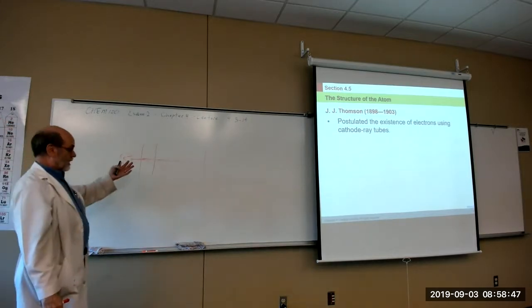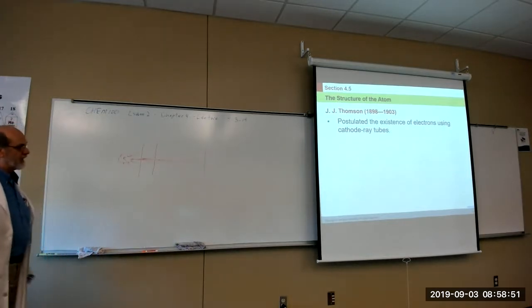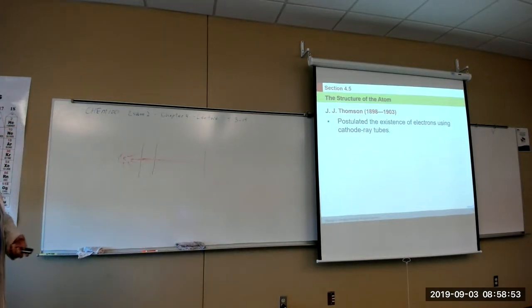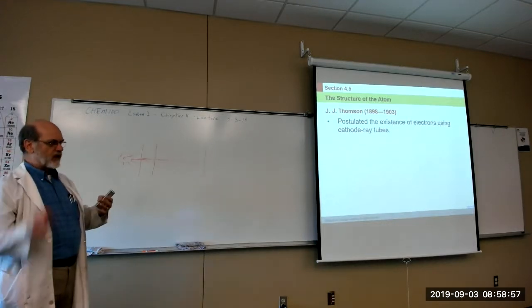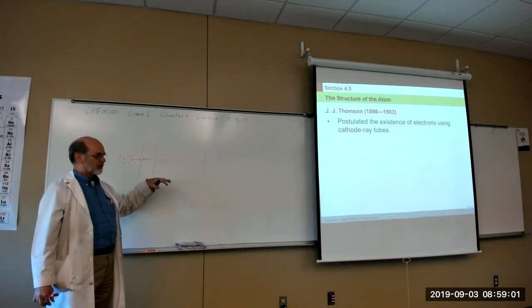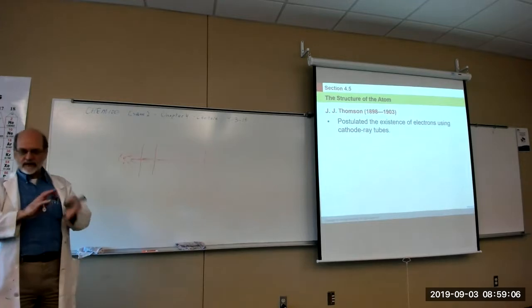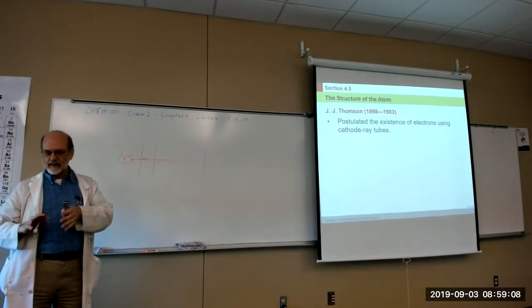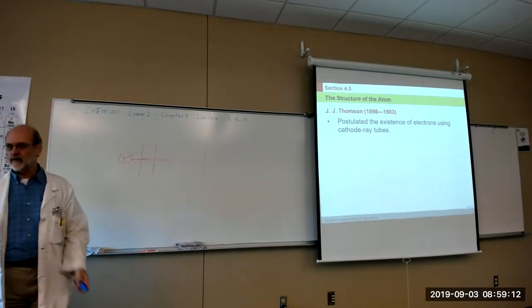Now, how do we know that they were negatively charged? Well, we knew electricity, and the relationship between electricity and magnetism had been established. So we're actually starting to produce electric motors.